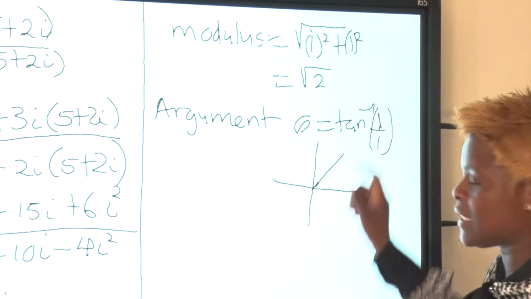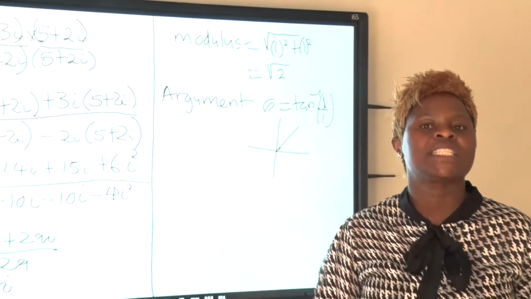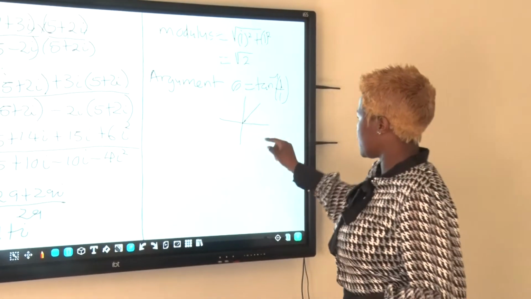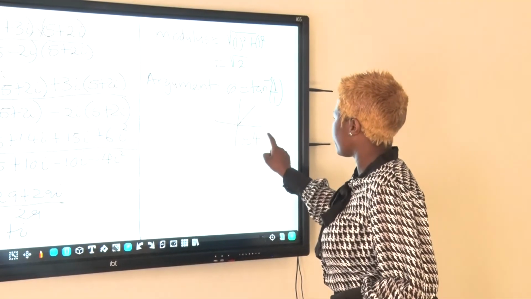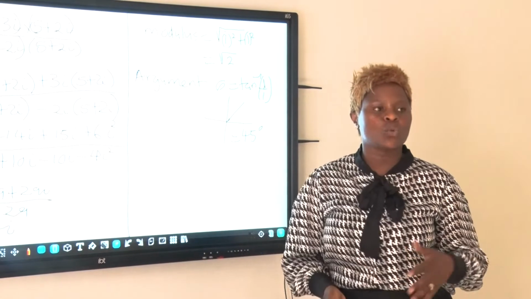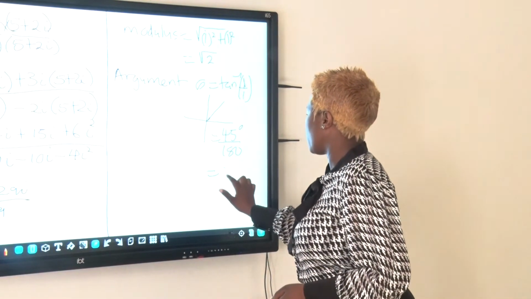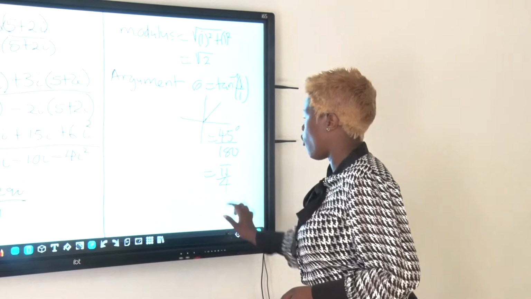When we calculate this, you should start by converting it to degrees. You get 45 degrees. Then you convert 45 degrees to radians, you divide by 180, and your answer will be pi over 4.